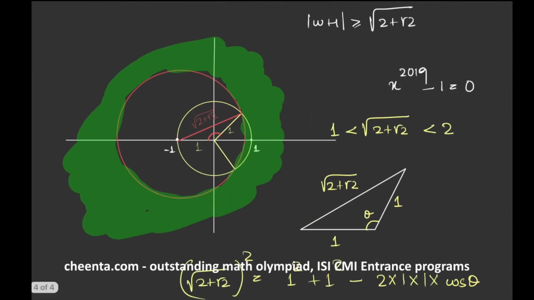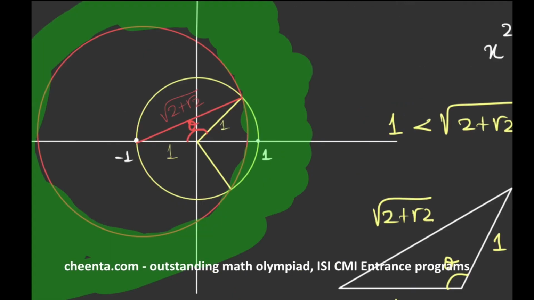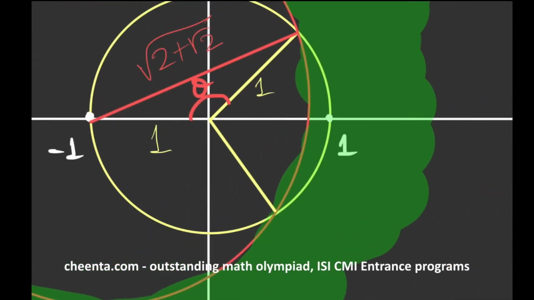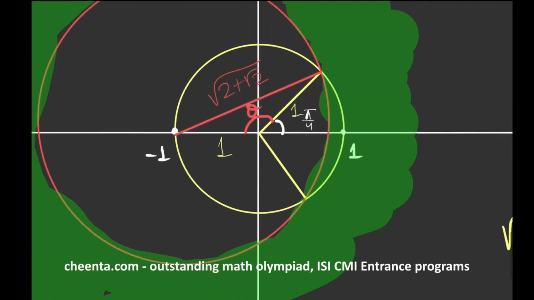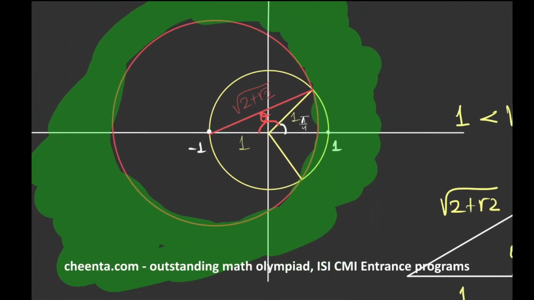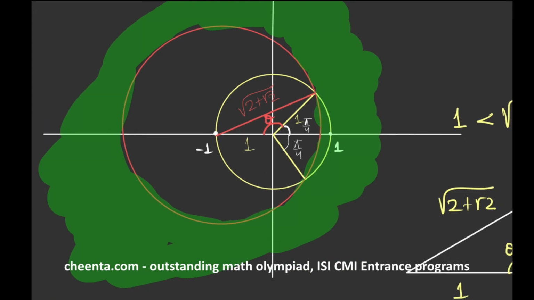And if our theta, which is this angle, is 3 pi by 4, what is this angle? Yes, you're right, it's just pi minus 3 pi by 4, that is pi by 4 or 45 degrees. And now by symmetry we can also say that this angle is also pi by 4.